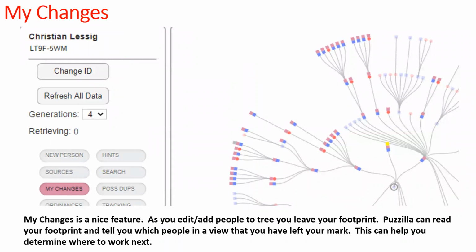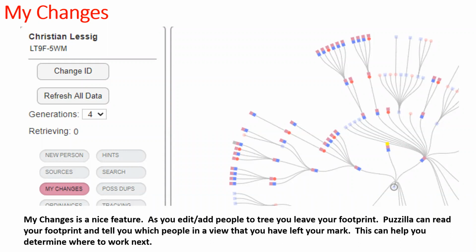Okay, My Changes is a feature that's nice. If you get involved in this after a while, it becomes kind of addictive and you do a lot of work in tree. And you might be working on the descendancy of a certain person, working your way around that chart. But then you come back tomorrow, you might not be able to remember, where was I working before? Well, it's real easy.